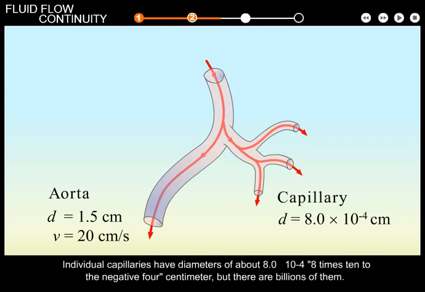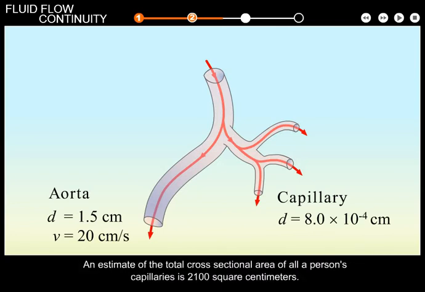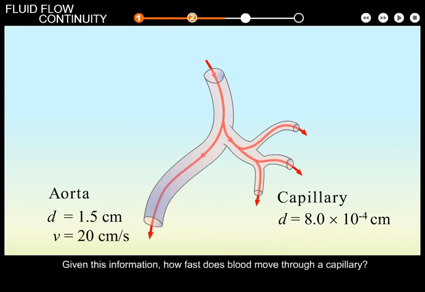Individual capillaries have diameters of about 8 times 10 to the negative 4 centimeter. But there are billions of them. An estimate of the total cross-sectional area of all a person's capillaries is 2,100 square centimeters. Given this information, how fast does blood move through a capillary?